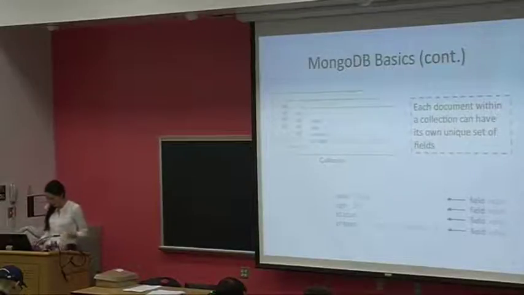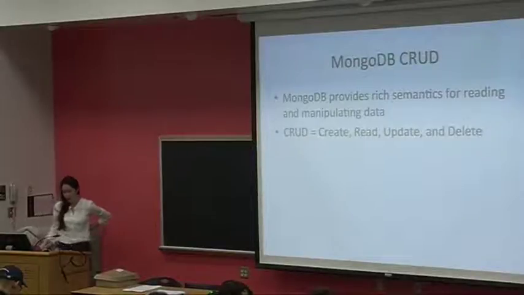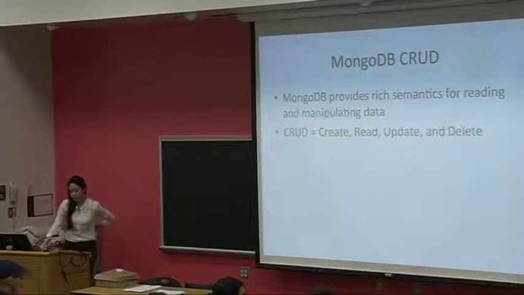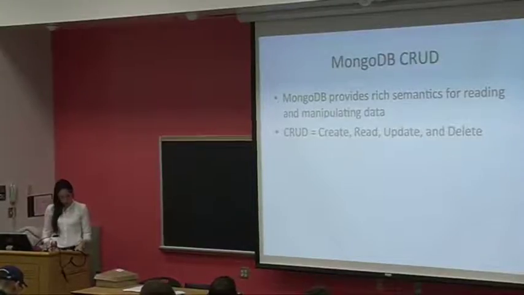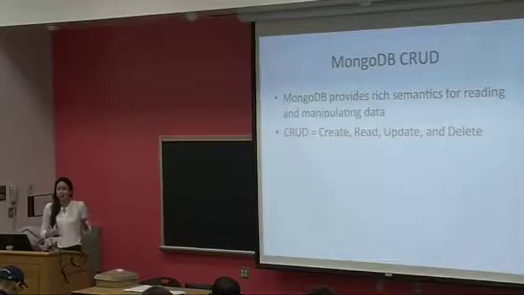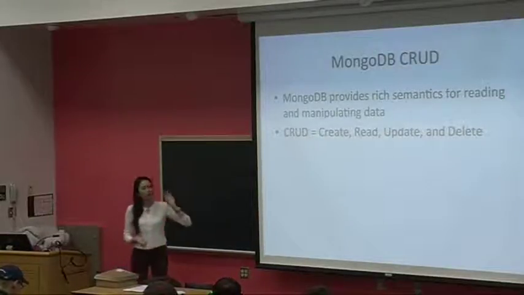Okay. All right, so MongoDB, they have rich sets of queries, or you can say semantics, for reading and manipulating data. And they call the way they design the semantics CRUD, okay? So CRUD just basically stands for create, read, update, and delete.